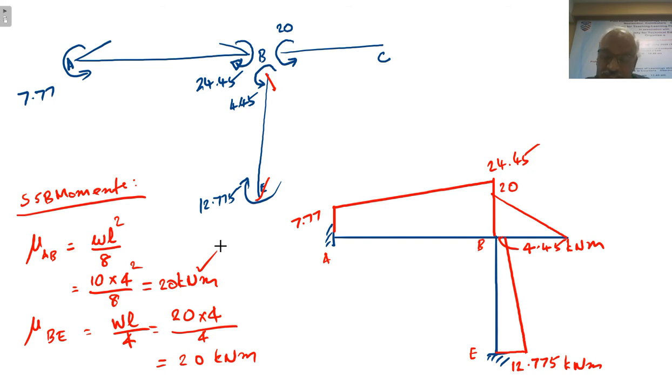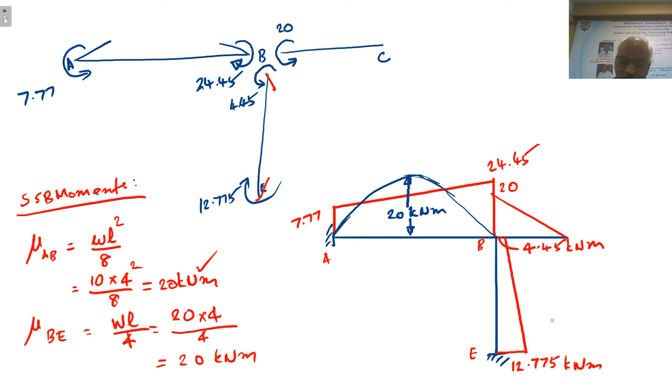Therefore that will come above the line. So this value is 20 kilonewton meter, UDL, therefore parabolic variation.